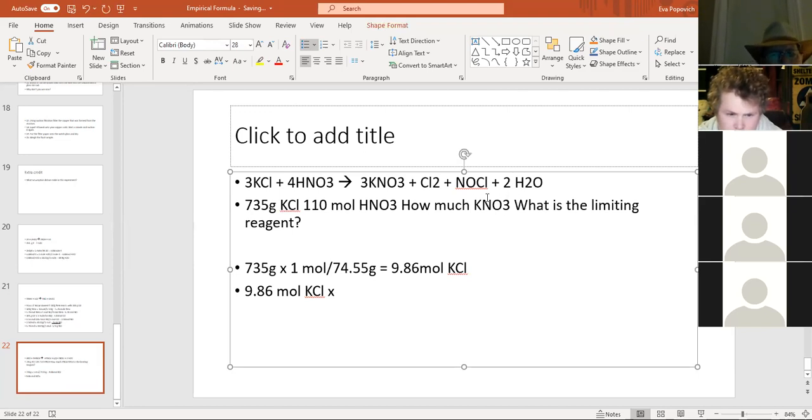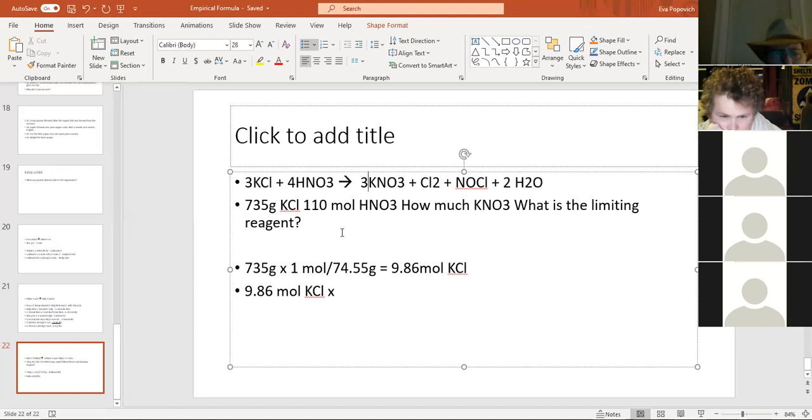What are we trying to make? Find the grams of fertilizer, which is the KNO3. So what number's in front of KNO3? 3. So 3 over 3. So 3 is in front of the potassium nitrate, 3 is in front of the potassium chloride.